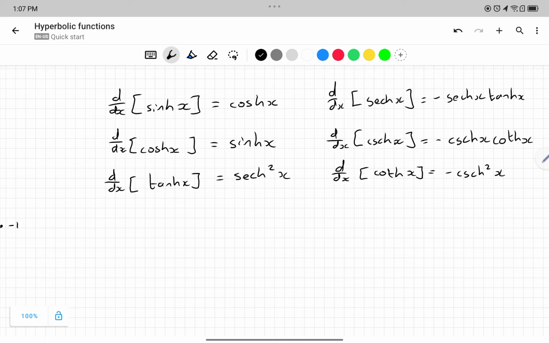Well, the following, this is not equal to 1, but rather this is equal to 1.